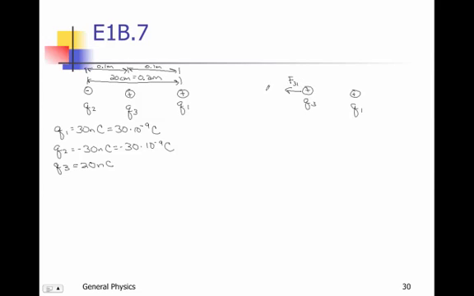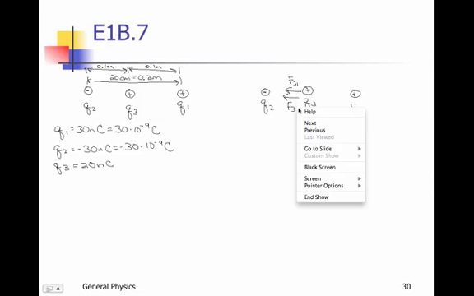Now if I also add Q2 into this picture, this is Q2, and Q2 is negative. For the force on Q3 due to Q2, because they're oppositely charged, Q3 is going to be pulled towards Q2. So that's F32.